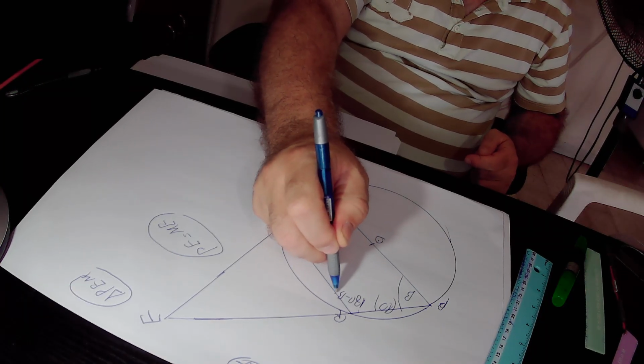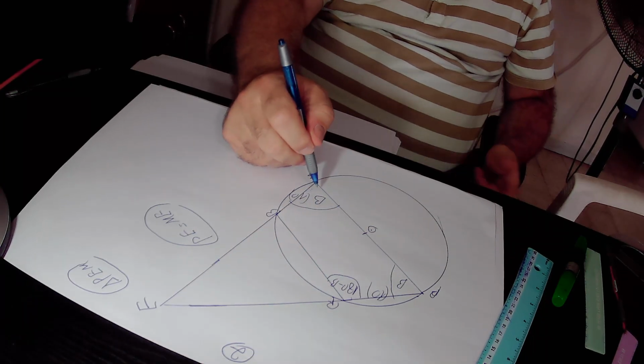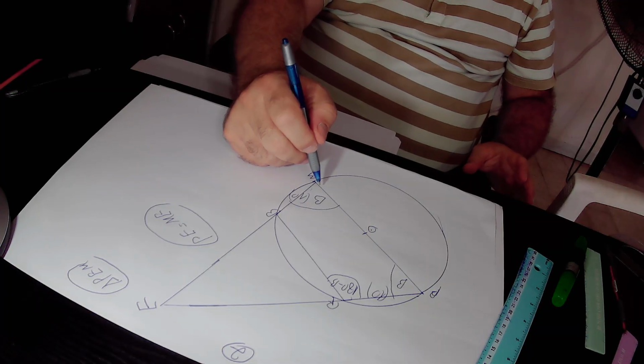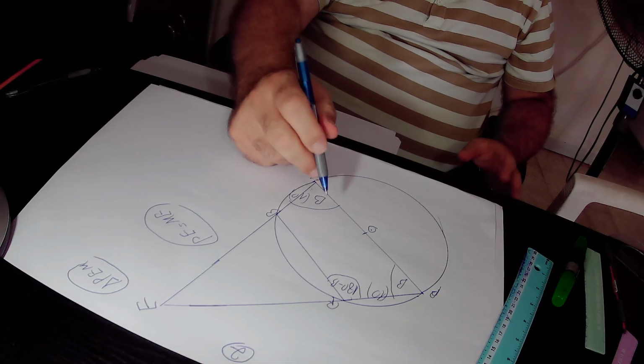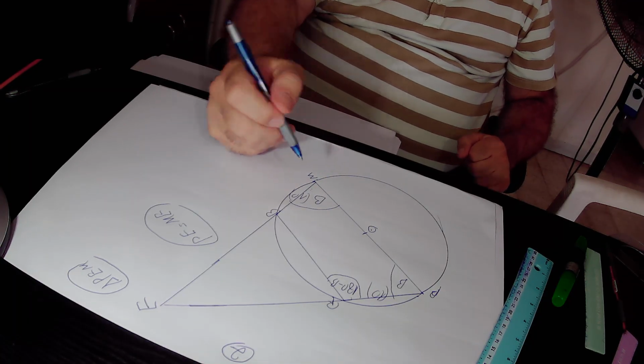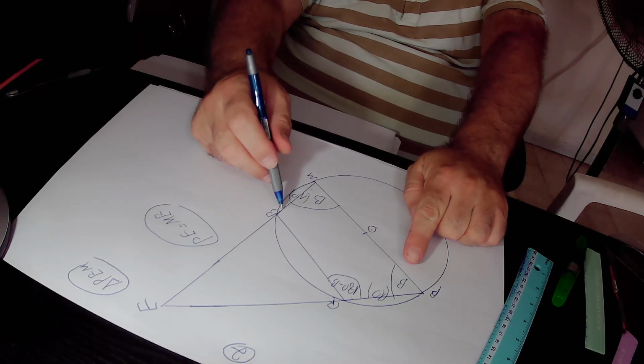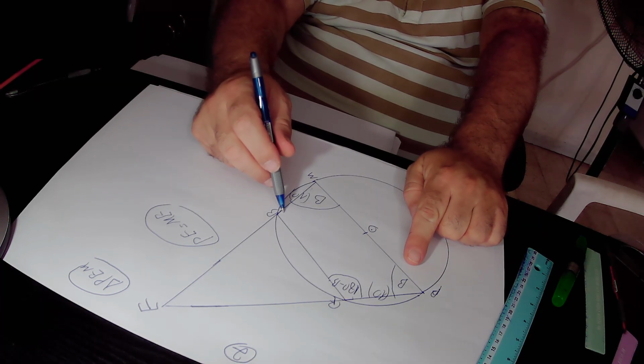Why? Because 180 degrees minus beta plus beta is 180 degrees. That is the sum of the two opposite angles of a quadrilateral that is described by a circle. Likewise, those are two opposite angles, so the sum of those two opposite angles must also be equal to 180 degrees.